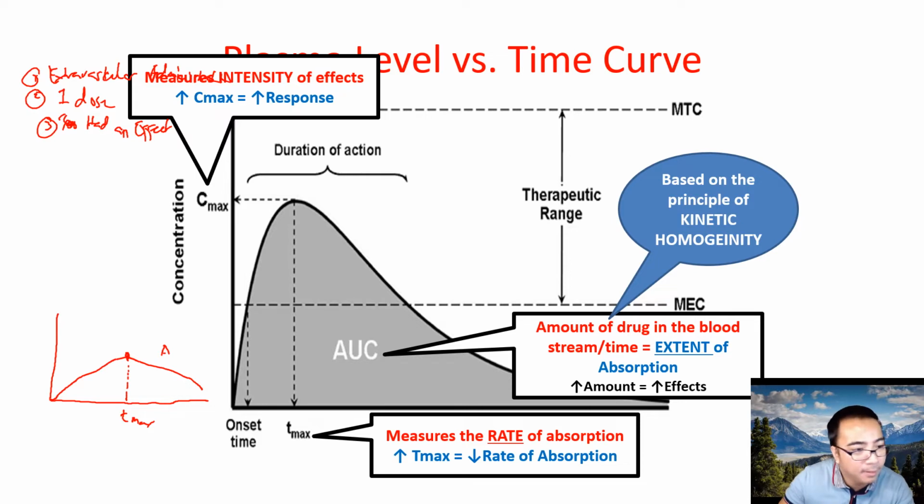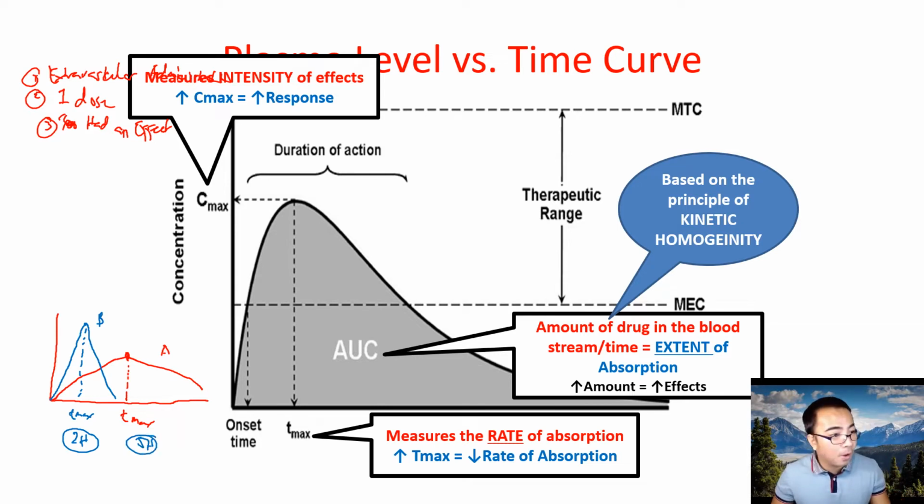Now, let's say, class, here's drug B. At ito naman yung kanyang Tmax. Sabihin natin, class, ang Tmax ni drug B is 2 hours, while the Tmax of drug A is 5 hours.